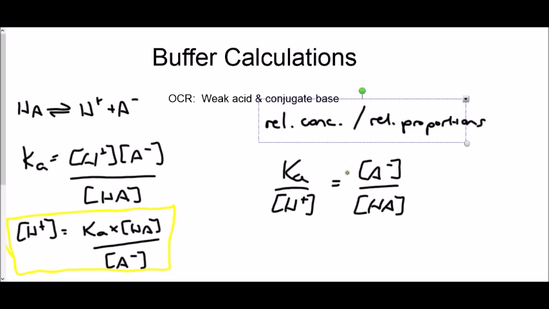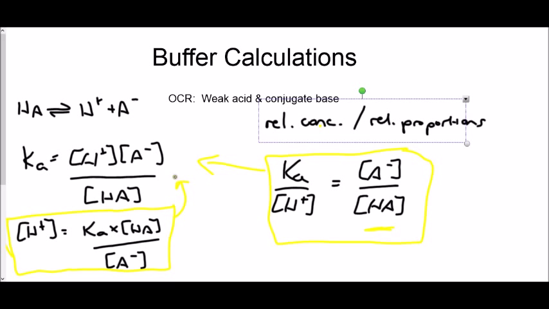Because this equation is going to give us a ratio, because what we actually want to look at in the end is this, the ratio of salt to acid. So if you get this relative concentration or relative proportion type of question, then this is the equation you're looking at. Both of these are simple rearrangements of the Ka expression.